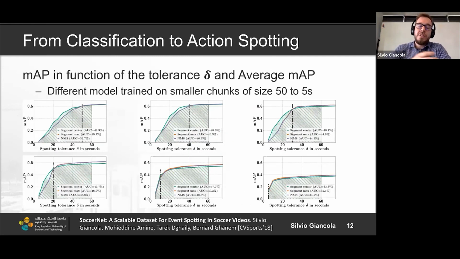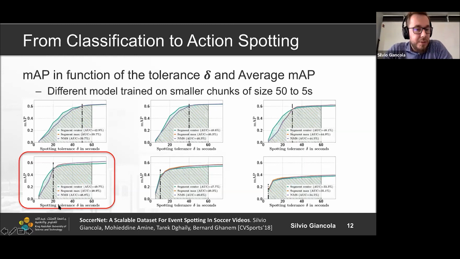Now, of course, you can use different sizes of windows, from 5 seconds to 50 seconds. And back in the days, we figured out that the best performance was obtained using the center of segments with a watershed and a sliding window of 20 seconds only. It was reaching 49.7 in particular.